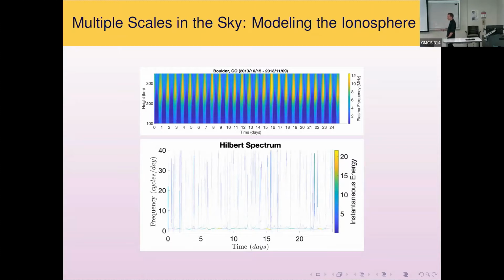Diurnal variation. And then after that, you just see this slew of instantaneous frequencies, little micro, I don't mean microwaves, but little microwaves, just tearing through the system in what is essentially a stochastic manner. So yeah, it's just that vicious.